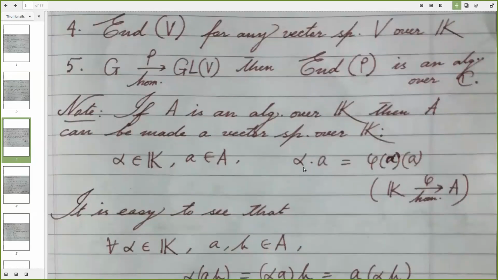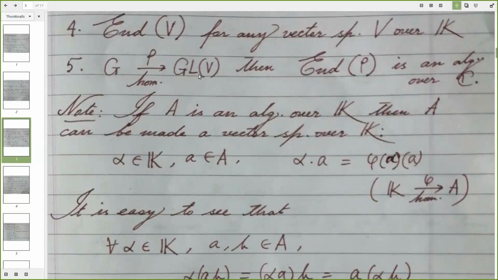Okay. So before we go ahead, let's note something very interesting. If A is an algebra over K, so again let me remind you that a priori A is a ring. But now what I'm going to say is, if the ring A is actually an algebra over K, then A can be made a vector space over K in the following way. In order to make it a vector space, we need two things: addition and scalar multiplication. Since it's a ring, addition is already there.